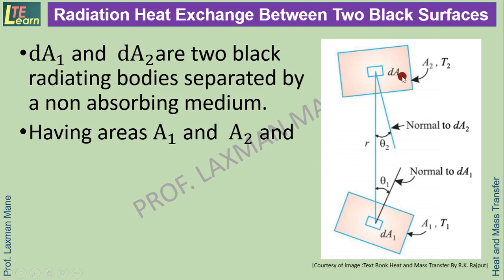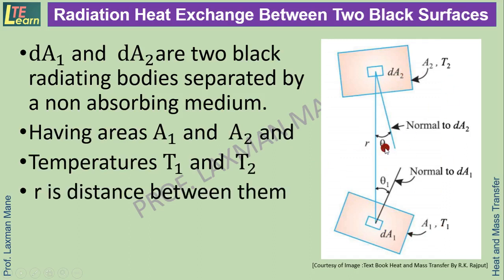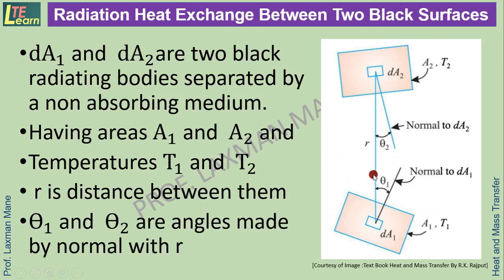These have areas A1 and A2 respectively with temperatures T1 and T2. R is the distance between them. Theta1 and theta2 are angles made by normals with R. Theta1 is the angle made by the normal of body dA1 with R, and theta2 is the angle made by the normal to dA2 body with R.